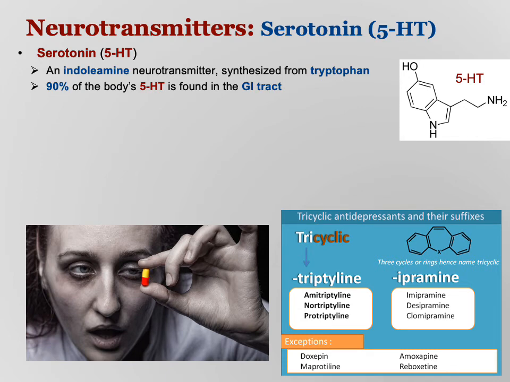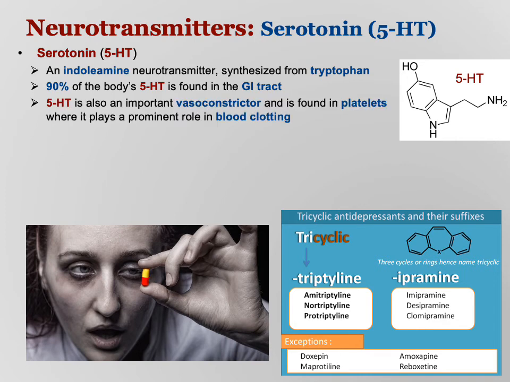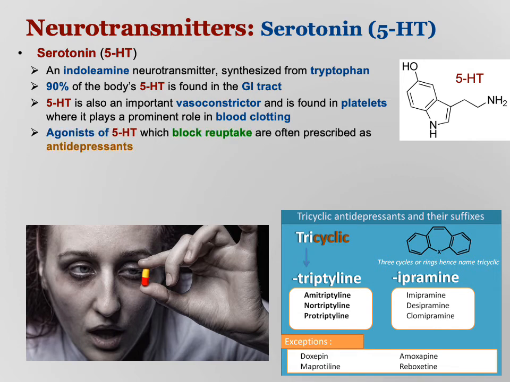It's also, by the way, a vasoconstrictor, so it has important properties in the cardiovascular system regarding blood clotting. Only something like 2% of your body's serotonin is found in your brain. So don't be misled by all the garbage you see out there on the internet about serotonin. Remember, only a little bit of it is in your brain. It mostly has effects on other things like blood pressure and digestion.